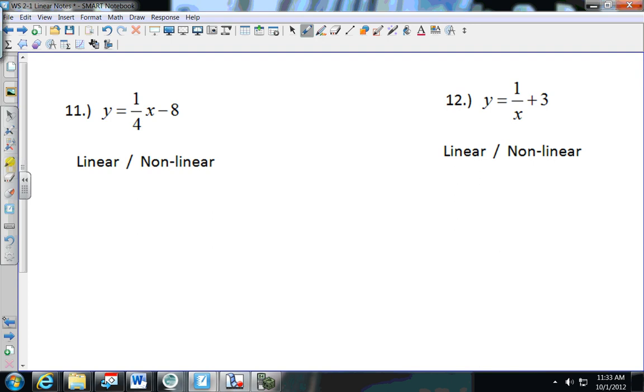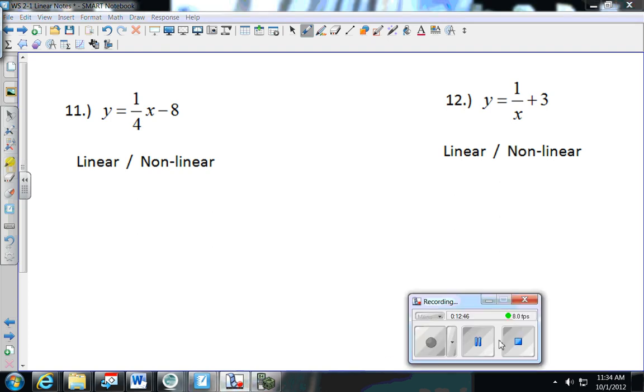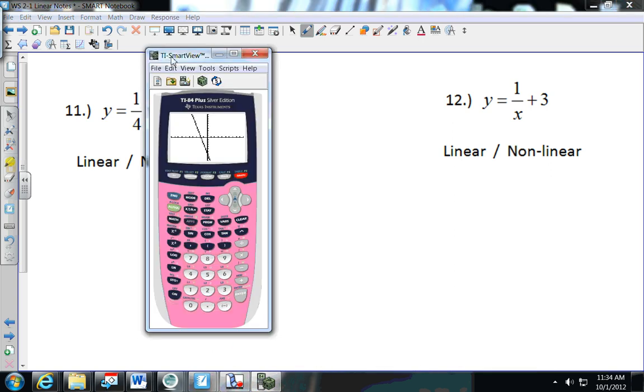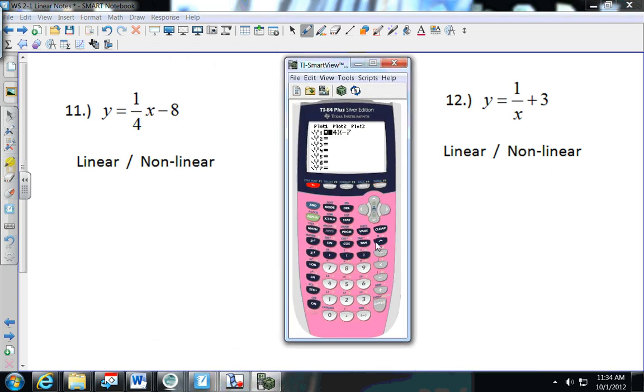Take a second and put 11 and 12 in the calculator and press graph and figure out if it's linear or nonlinear. Please do that now. Number 11, you would have gone to y equals and put in there 1/4, 1 divide 4, x minus 8. Oh, what happened? Let me go back. Forgot the minus.